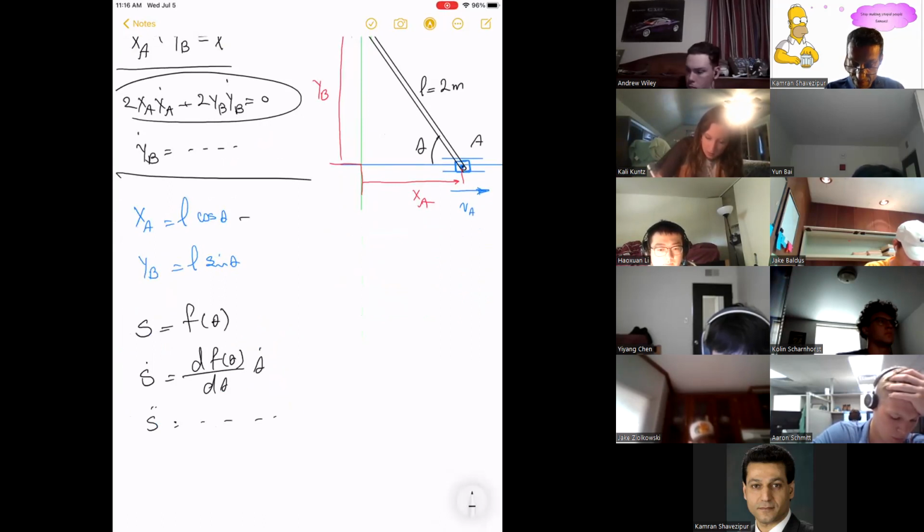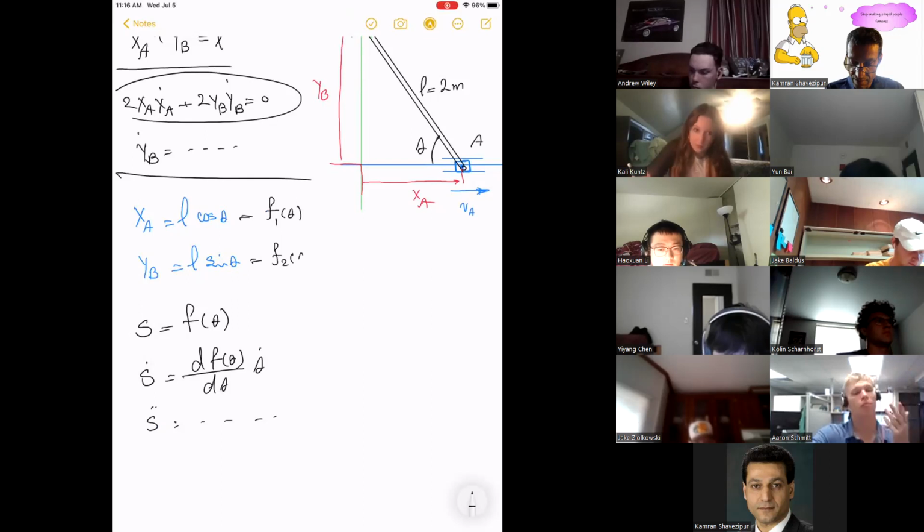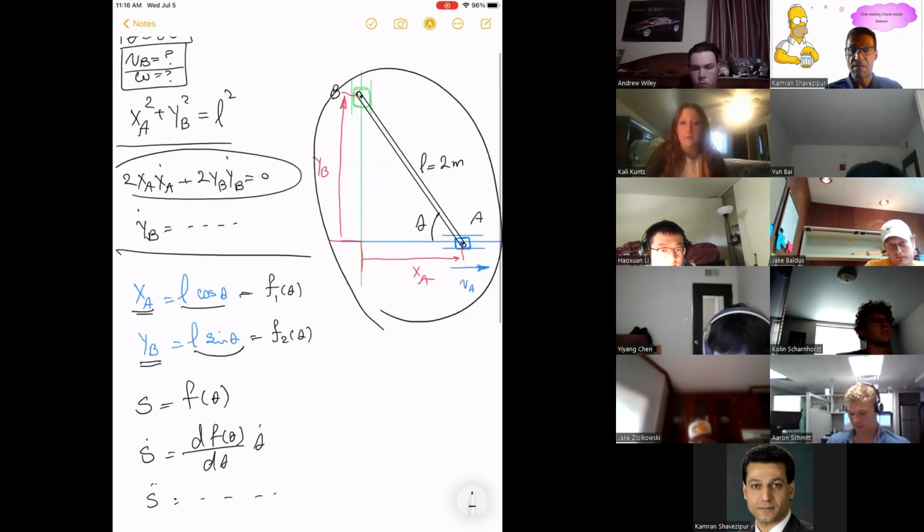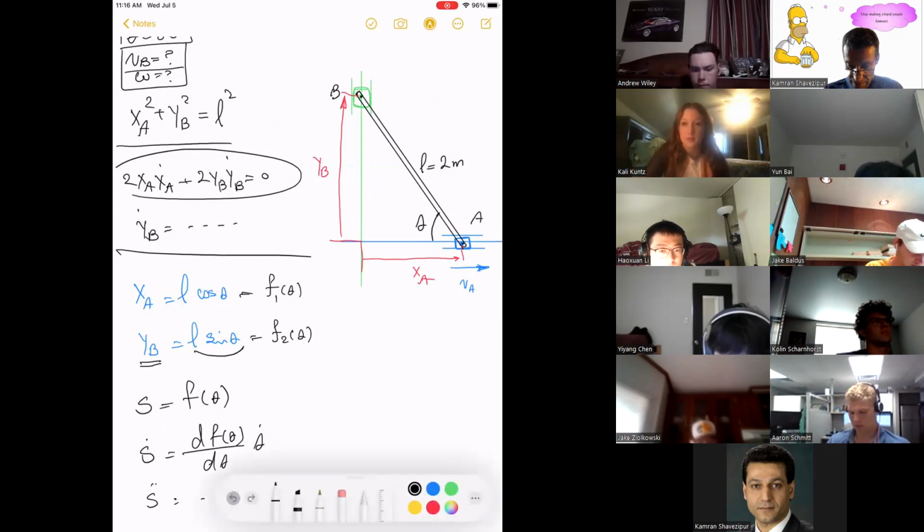Technically, this is your F1 theta and this is your F2 theta. Y is a function of theta, X is a function of theta. You got it from the geometry of the system. And that is what we call absolute motion analysis. It kind of goes with constraint, okay?